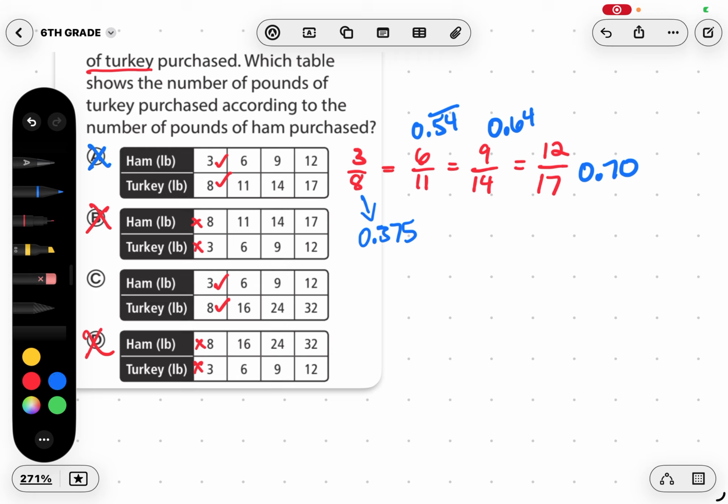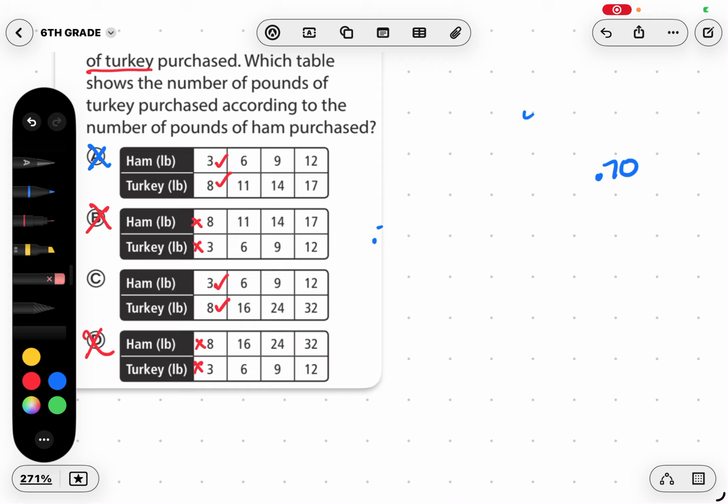Now I'm going to show you another way that we know that A is not correct, okay? In a table, the top should increase by the same amount each time, and the bottom should be increasing by its own same amount. So what I mean by that, if one customer bought ham and turkey, it would be 3 to 8.